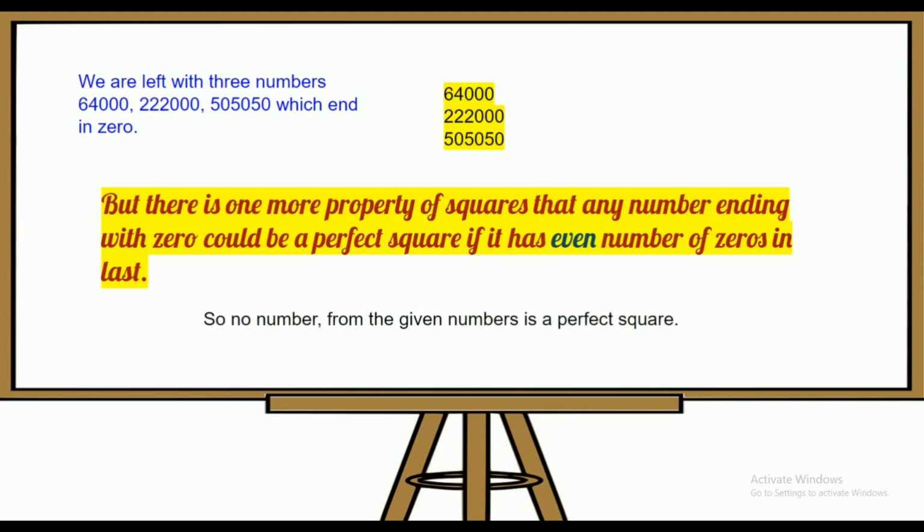But in our case, no number from the given numbers ends in an even number of zeros. So, we can conclude that no number from the given numbers is a perfect square.